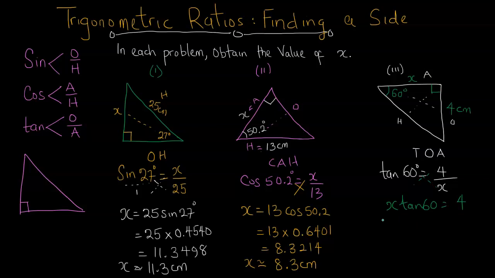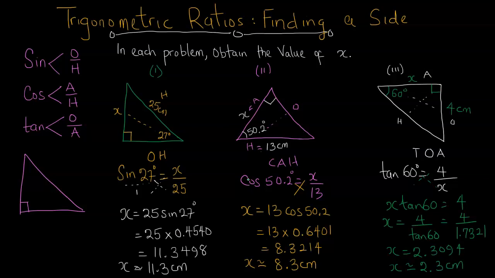Dividing both sides by tan 60 would give x equals 4 over tan 60. And we know what tan 60 is. Tan 60 is 1.7321. So 4 divided by 1.7321 is 2.3094. And if we approximate this correct to one decimal place, this is 2.3 centimeters.